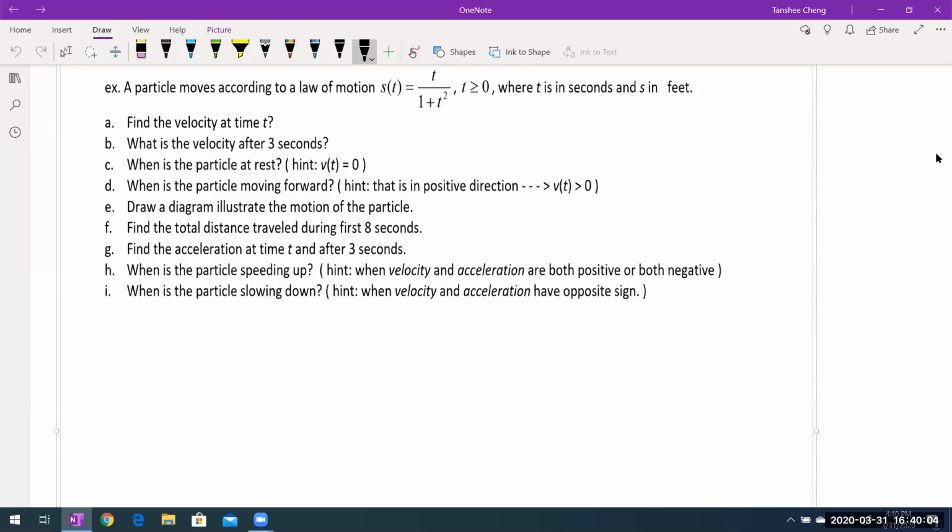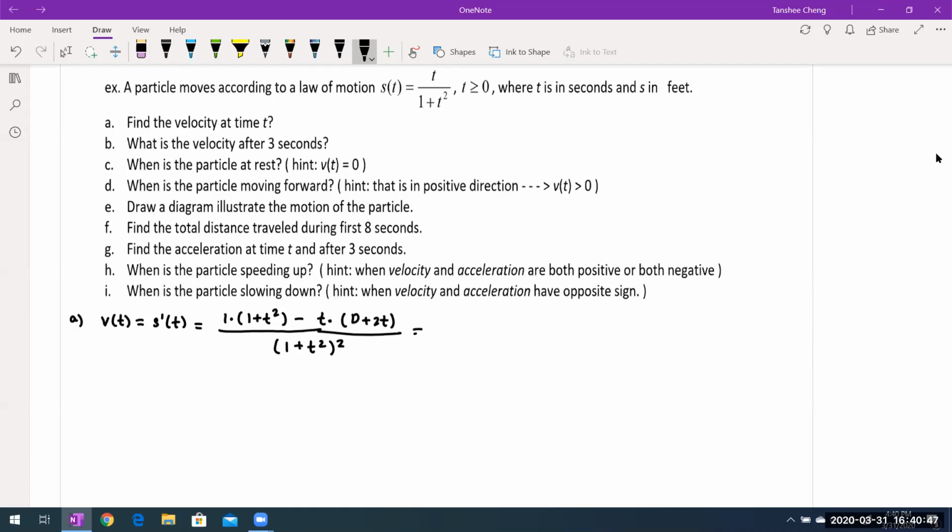So part A is basically asking us for the velocity at time t in general. That's basically the velocity function, which is taking the first derivative of the position function. When I take the derivative, I will have to use the quotient rule. So the derivative of the numerator, 1, times the denominator, 1 plus t squared, minus the numerator times the derivative of the denominator, 0 plus 2t, all over the denominator squared, 1 plus t squared, quantity squared.